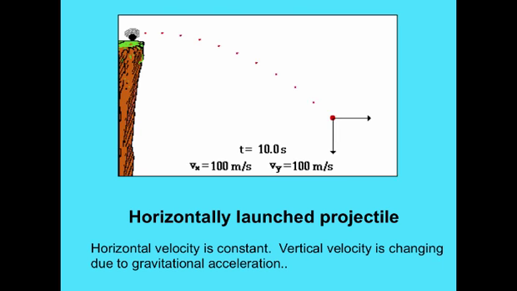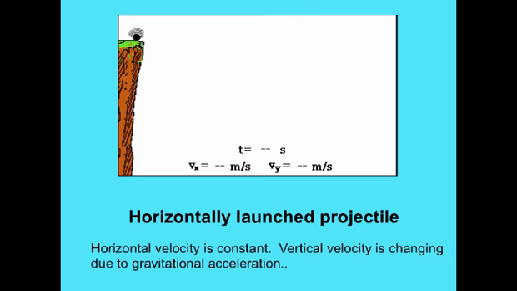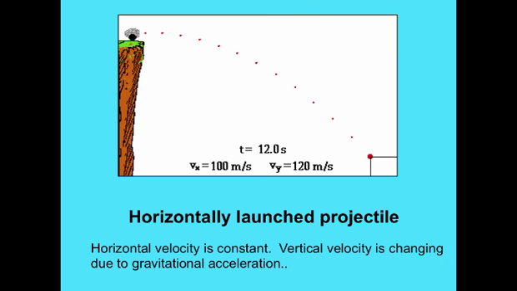Now take a look at this. These arrows represent the horizontal and vertical components of the velocity. What do you notice is happening to the horizontal component of the velocity? Do you see how it's staying the same? But now take a look and just focus on the vertical component. What's happening to the vertical component each successive second?